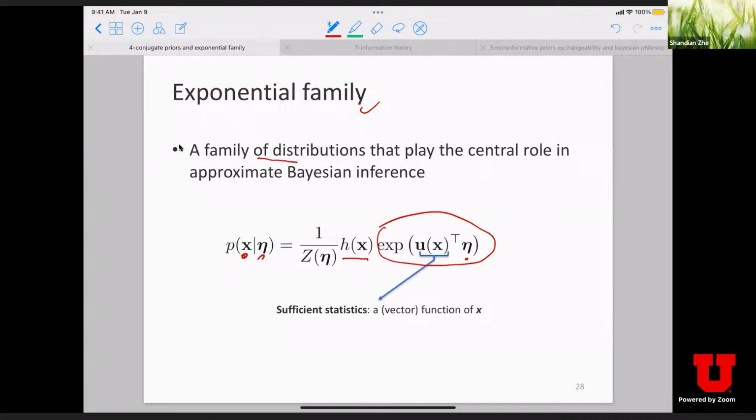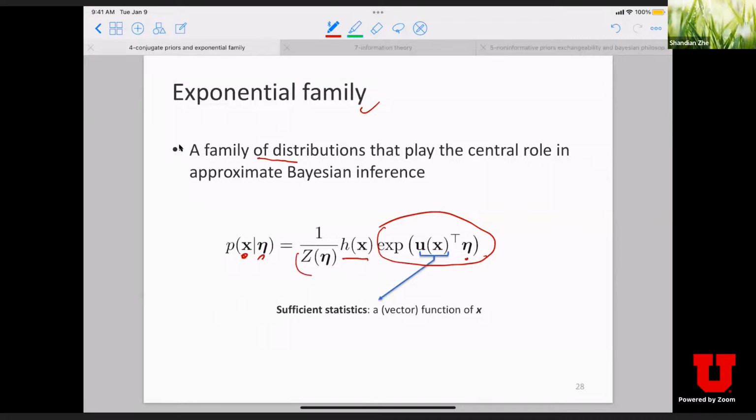It takes the input x, and you can view it as some kind of transformation over x. Then I do the inner product between u of x and my natural parameter eta, and take the exponential of this dot product to represent the density. That's the key structure.